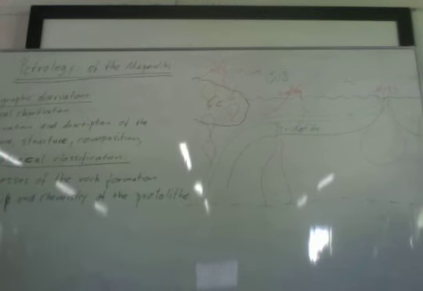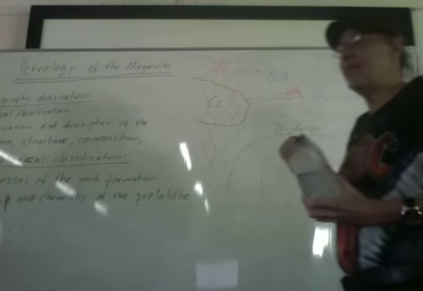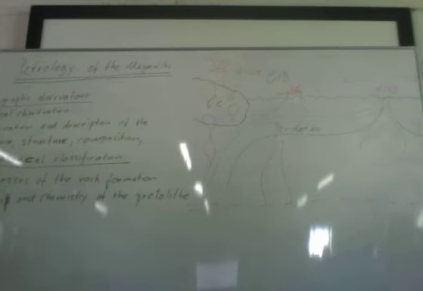The next thing is, since Earth exists, at first it was just a magma ocean, and then we had the first continental crusts.